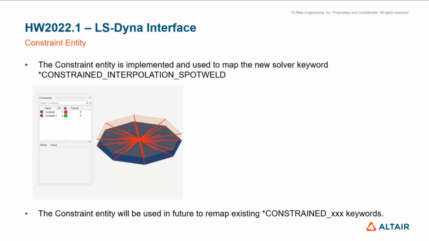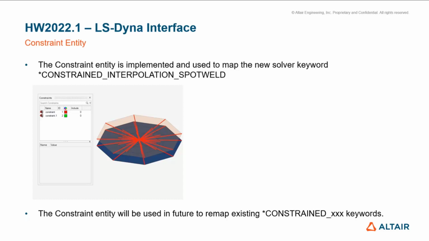The new constraint entity is introduced in the Dyna profile. For now, it is used for the introduction of the new solver keyword constraint interpolation spotweld, which was not supported before and is now supported in this release. Just to note, this is a new entity, and it will be used in a future release to correctly remap the different constraint keywords in LS-DYNA.